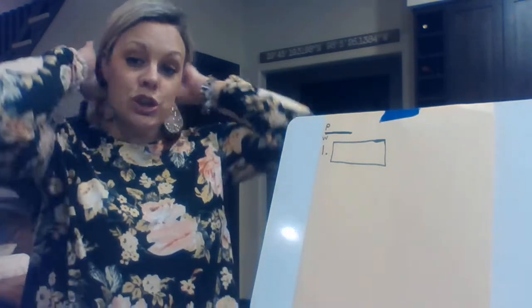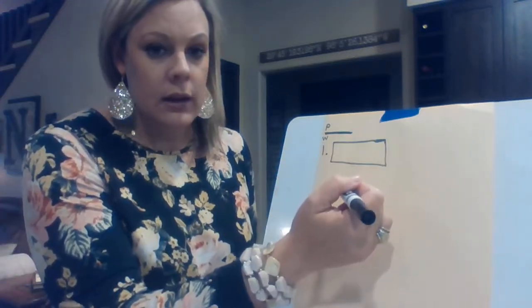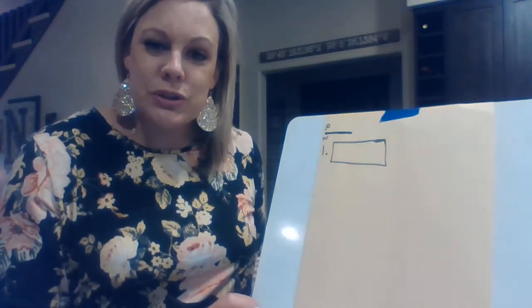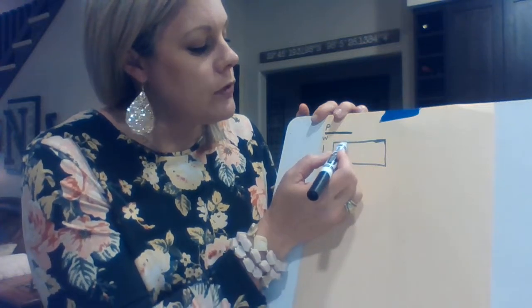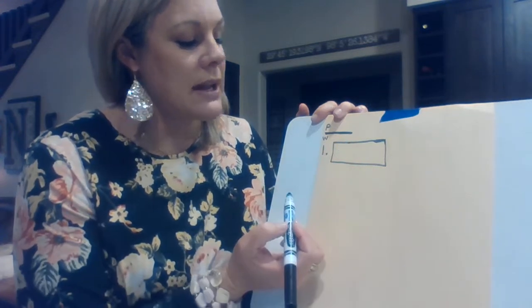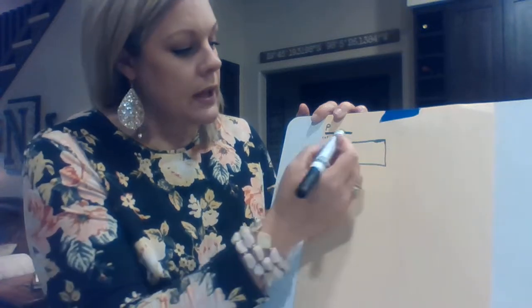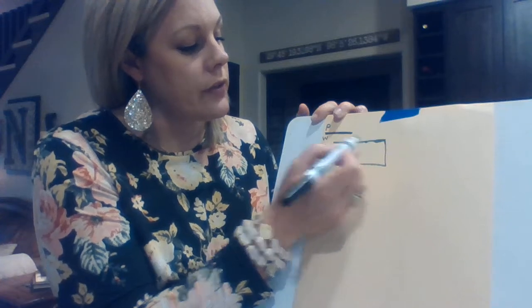Thirds. Now, here's the trick with thirds, because halves are easy. We can find about halfway and draw a line. Fourths, we can kind of do those, but thirds are tricky. So what I do with thirds is I come over about here and I make a dot. I don't draw my line yet, because once you draw the line, it's kind of final. And then about halfway between the dot and the end, I do another dot.